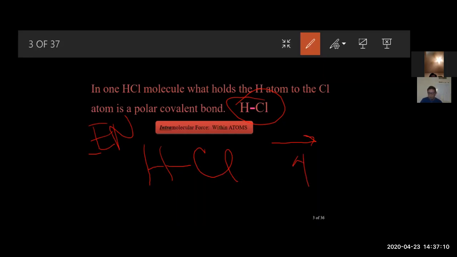Here we have two atoms that are dissimilar. The fact that we have hydrogen and chlorine together automatically tells you we have a polar bond. When they are the same, like diatomic oxygen, bromine, or chlorine, then we have a nonpolar bond.